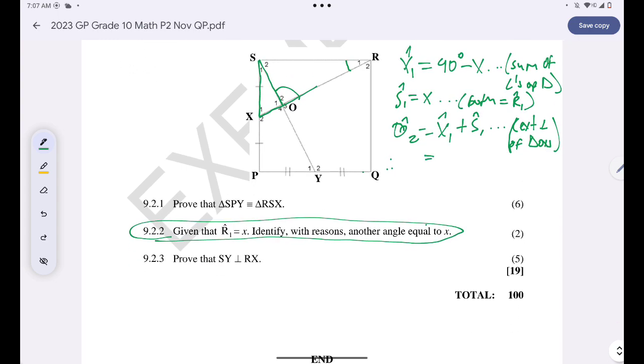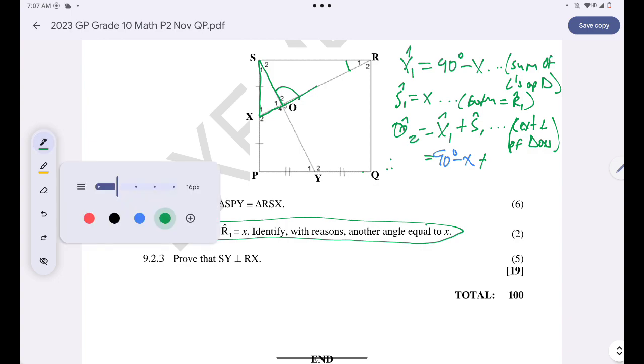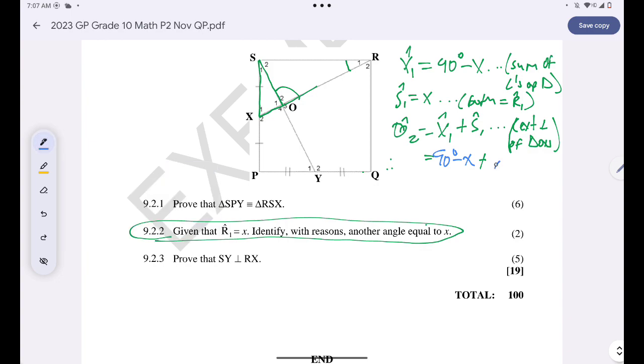Remember that for X1 we found X1 is equal to 90 degrees minus x, plus angle S1, we've proven it to be equal to x. So this simply means that angle O2 is 90 degrees.